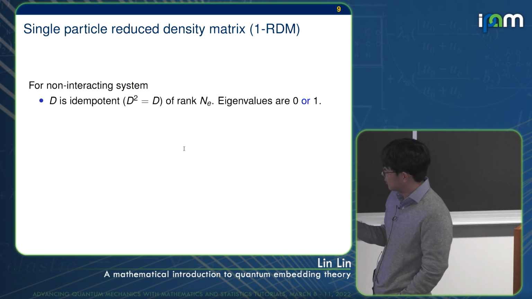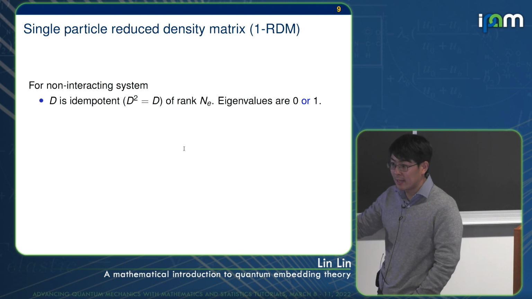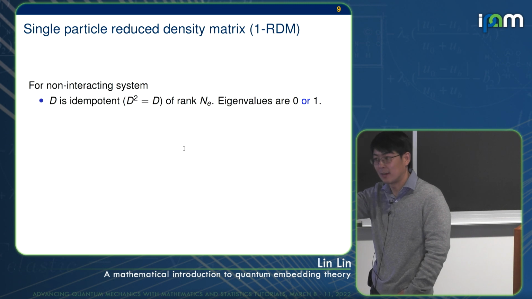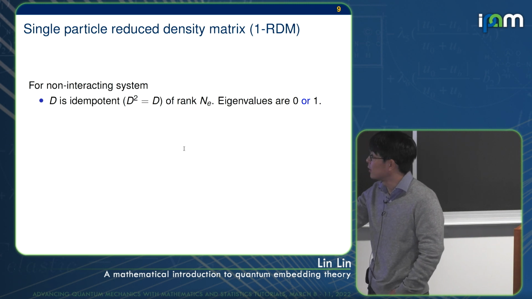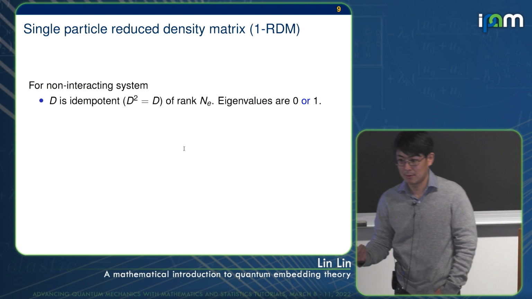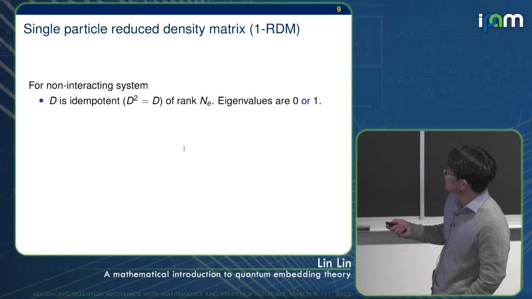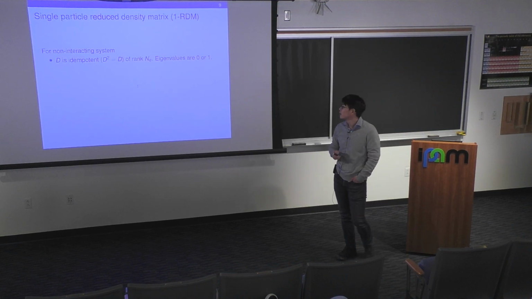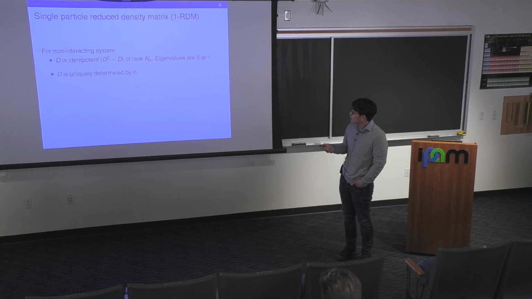A few remarks. For a non-interacting system, because D equals phi phi dagger, D squared is phi phi dagger phi phi dagger, and phi dagger phi is identity, so D squared equals D. This is called idempotent. Very, very important. It is of rank N_e, and the eigenvalues are either 0 or 1. Second, D is uniquely determined by phi.